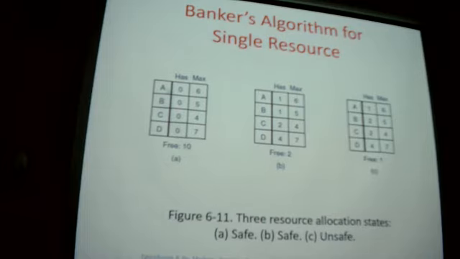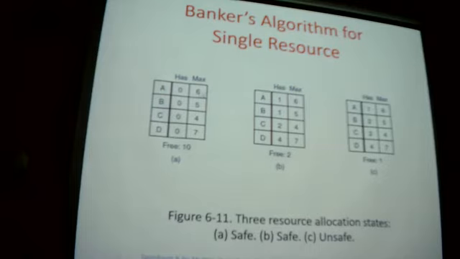Each customer requests money from the banker. Customer A requires 6 units. Maybe 1 unit is $1,000.